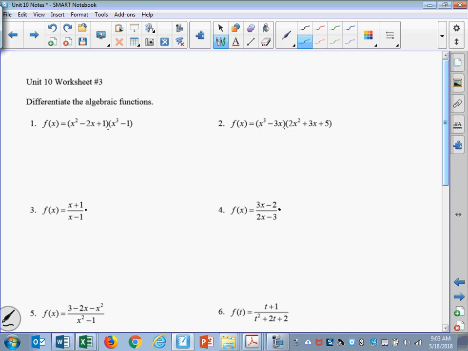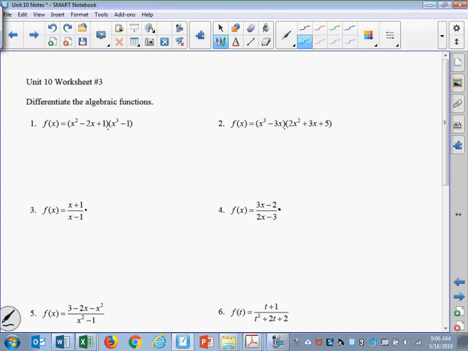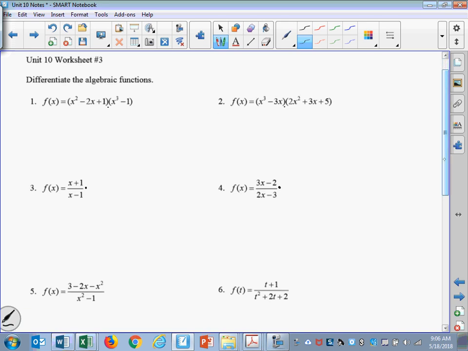Okay, well, maybe you tried some of these problems, so let me write down the answer for a couple of them. Number two looks bad, so let me try number two. So the first function gets its derivative first, while the second one waits. Then the product rule says plus.